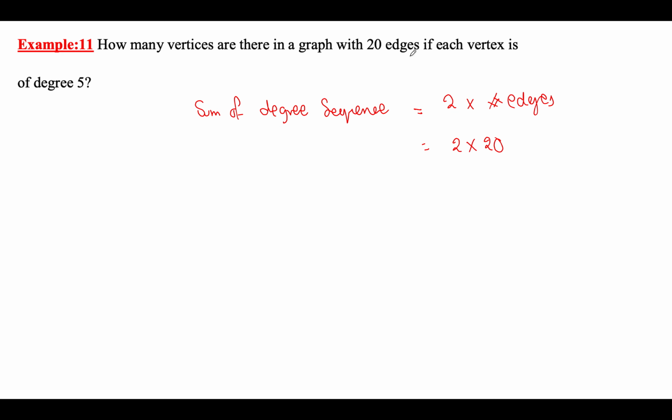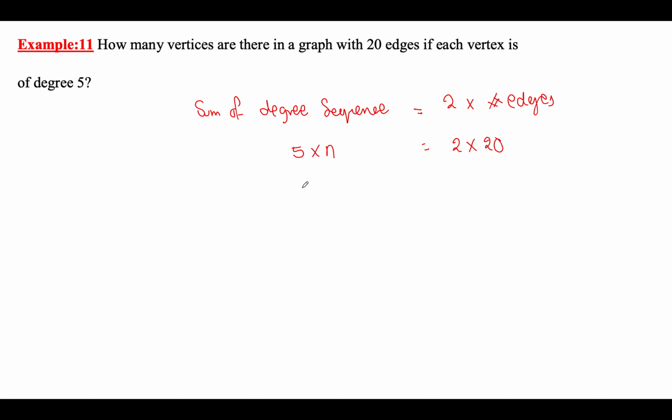Here we don't know the number of vertices, so we need to work out how to add those degrees together. However, it says that every vertex in this graph has degree 5. So we can write it as 5 multiplied by n, where n is the number of vertices.